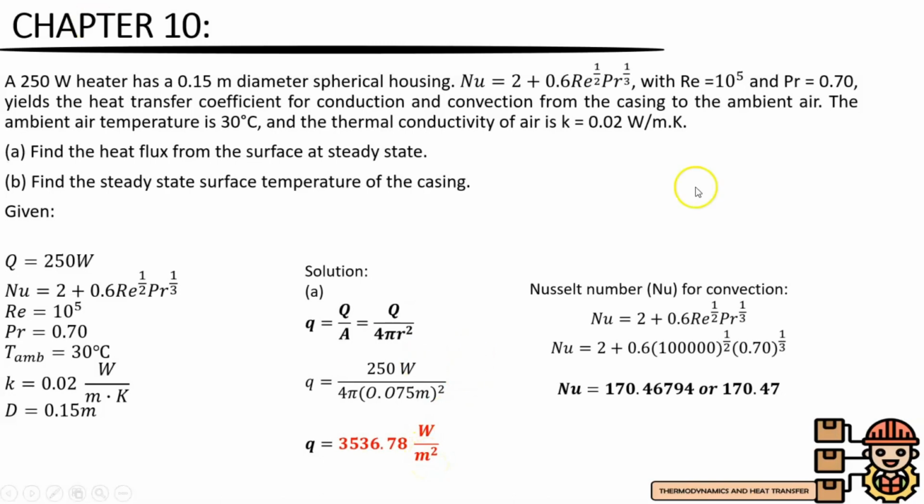So the Nusselt number for convection is equal to 2 plus 0.6 times the Reynolds number raised to the power of 1/2 times the Prandtl number raised to the power of 1/3.